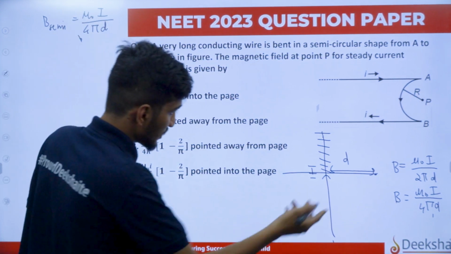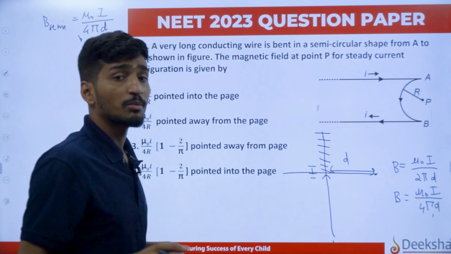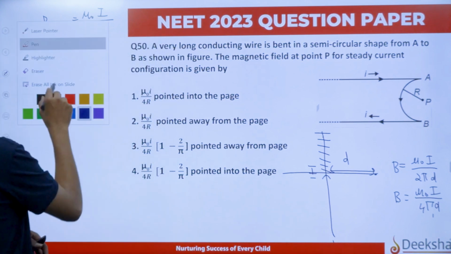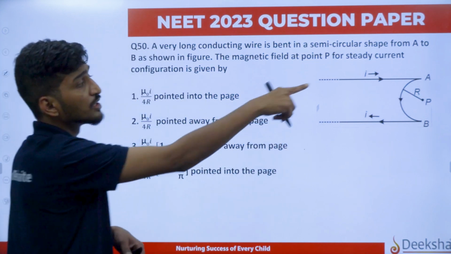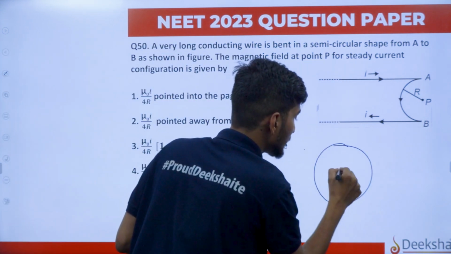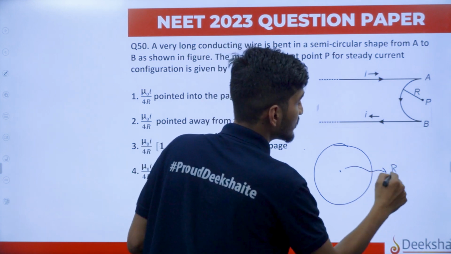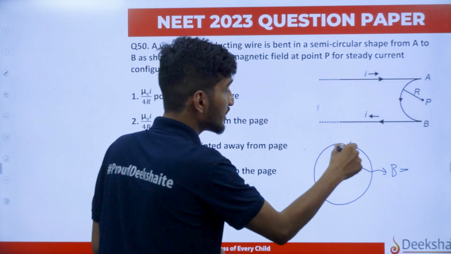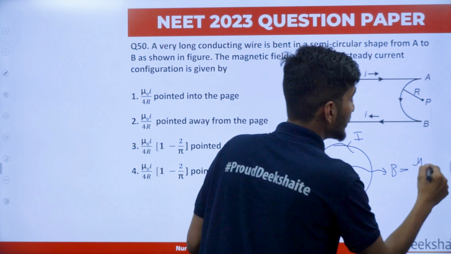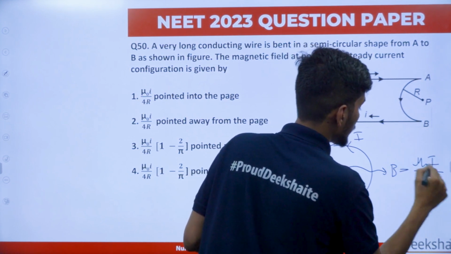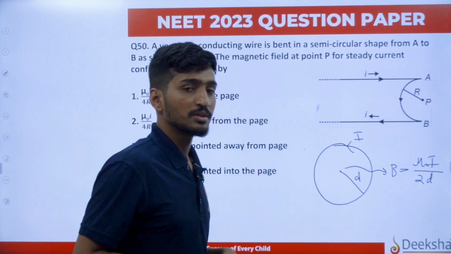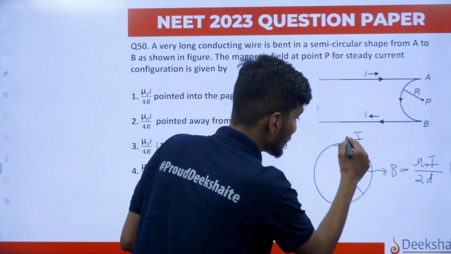Next, let's talk about a circle. At the center of a circle, what is the value of magnetic field due to a current I? Mu naught I by 2a if the radius of the circle is a, or 2d if this radius is d. Now what if it's a half circle?